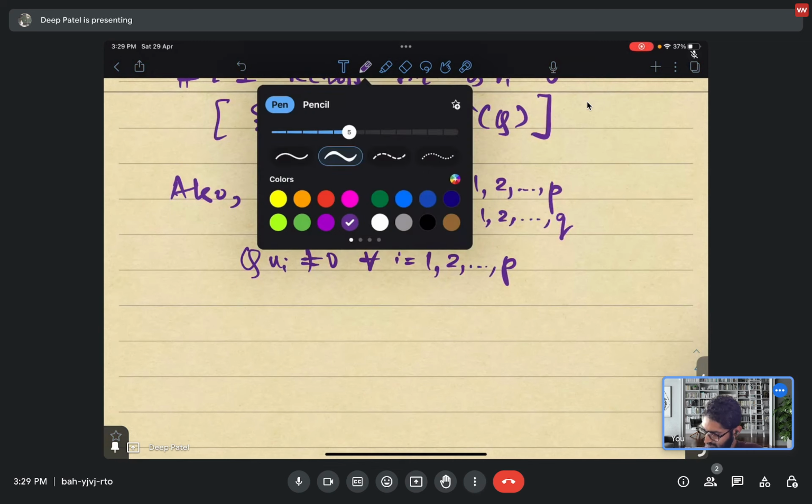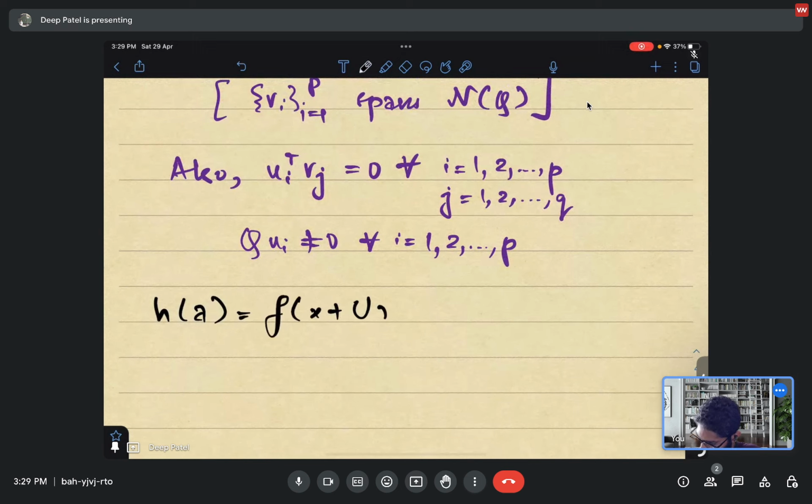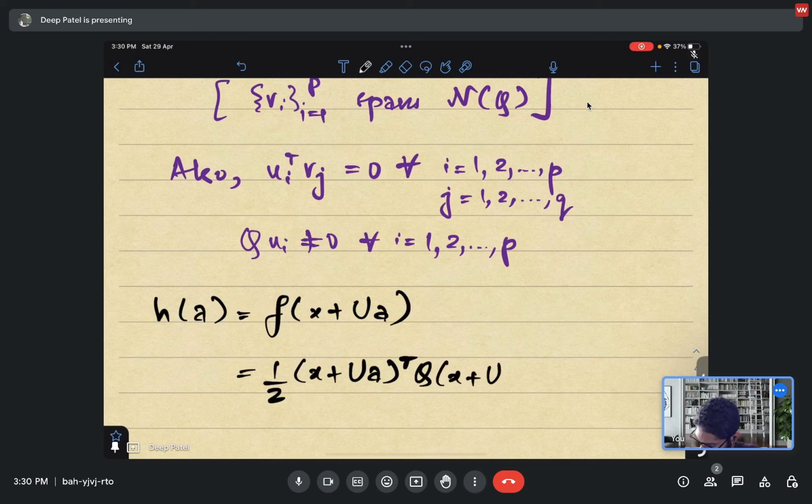So let's just write out h of a, f of x plus U a, which is nothing but half of (x plus U a) transpose. Remember, the objective function is still the same. All that we have changed is the direction, the d.